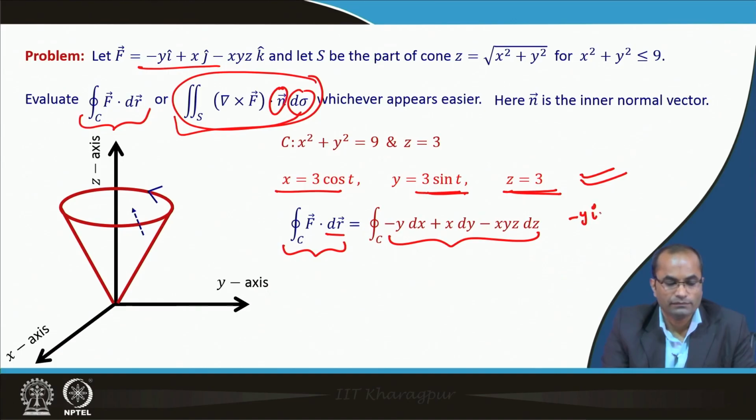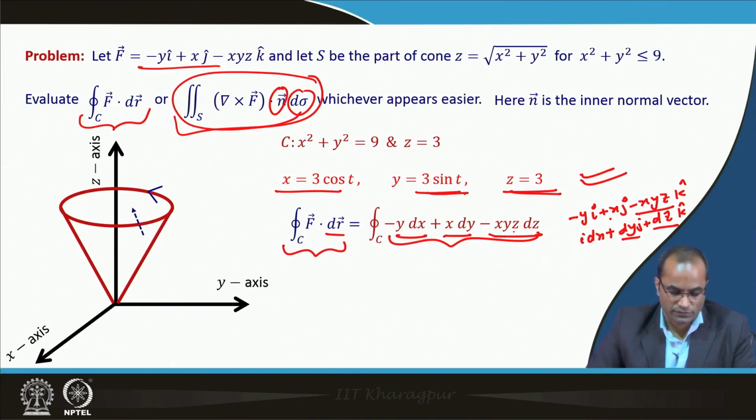Minus y i plus x j, then minus x y z k, the dot product with i dx, dy with j and dz with the component k. So, this minus y dx will be there, x dy will be there, and minus x y z dz is there. So, this is fine.